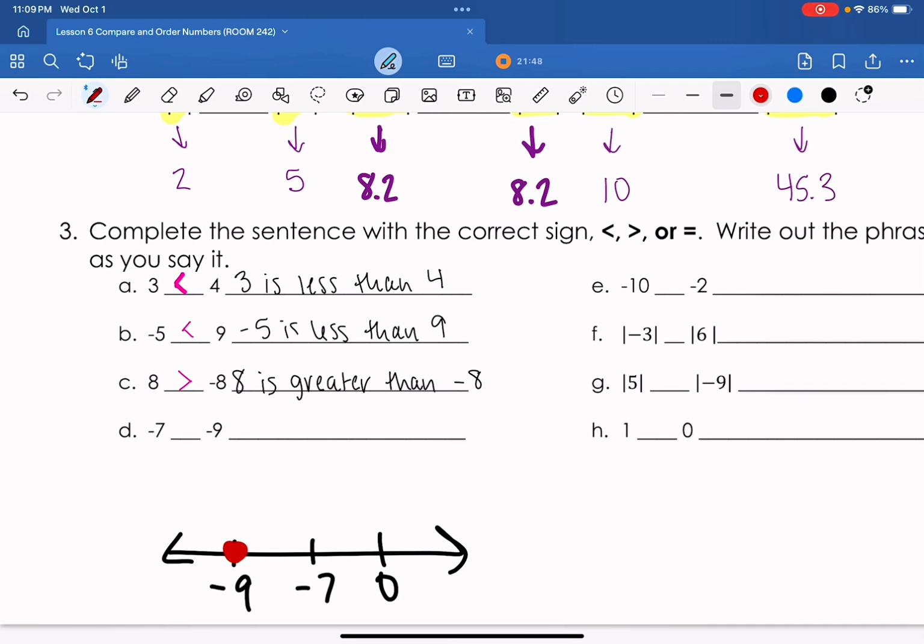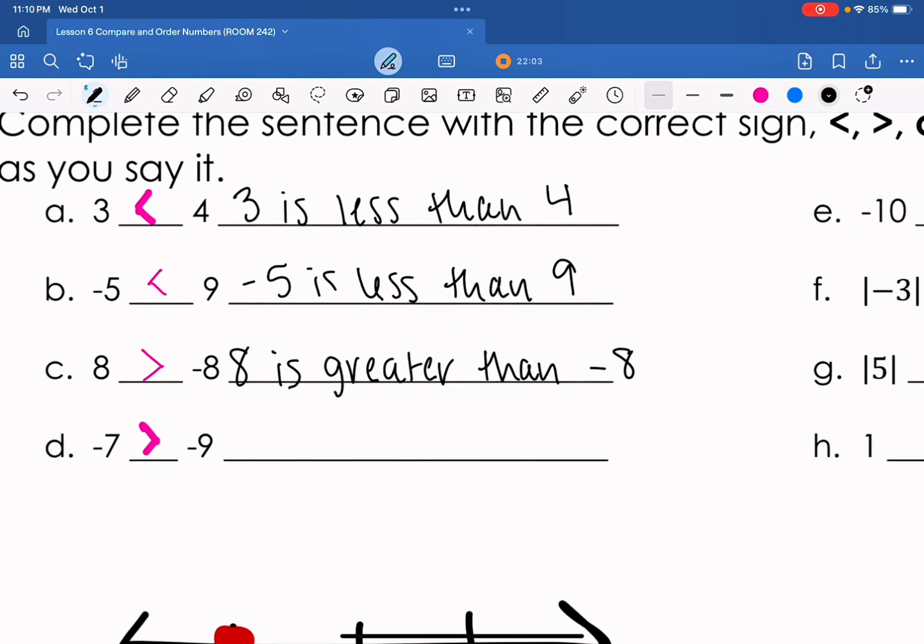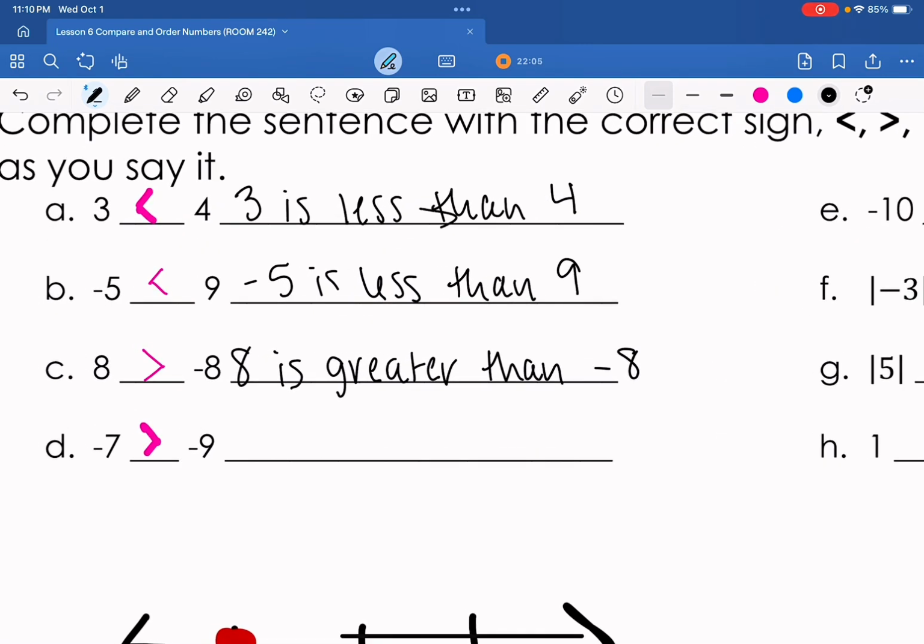So if I was to write this, I would write -7 is greater than -9. Okay, so we're going to write that into words. -7 is greater than -9.